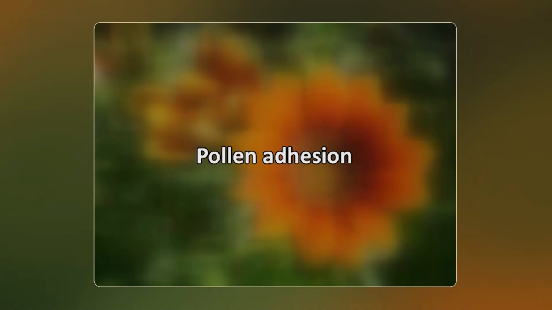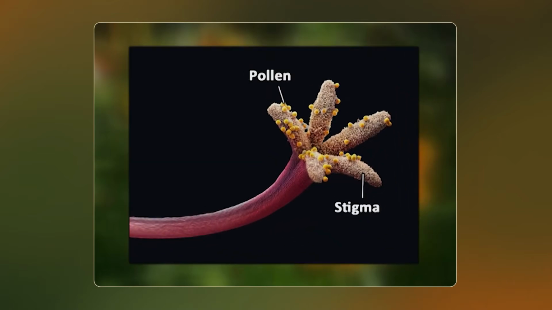The first interaction between the pollen and the pistil is pollen adhesion. The stigma of a pistil is the site for receiving the pollen grains. The stigmatic surface shows a wide variation in morphology and exudation in different angiospermic plant species.